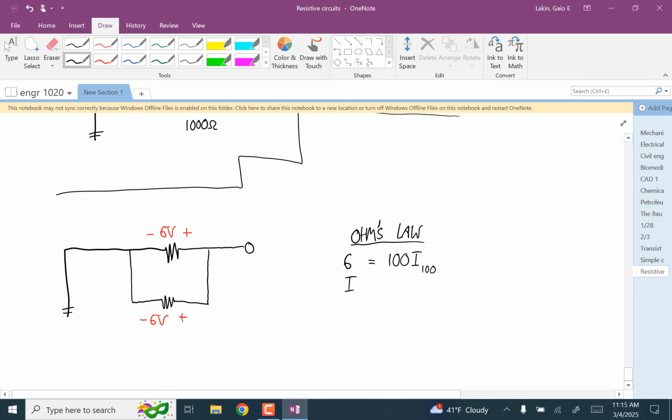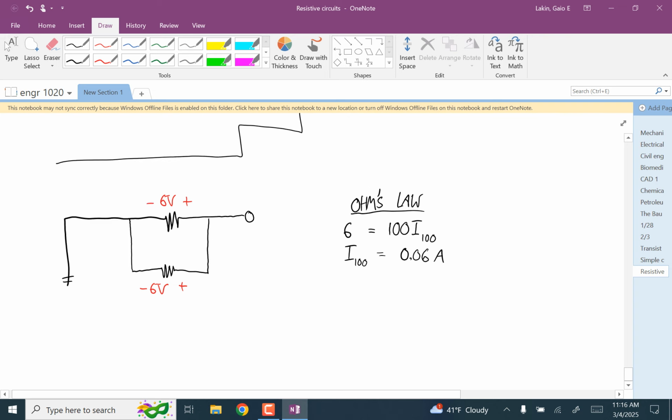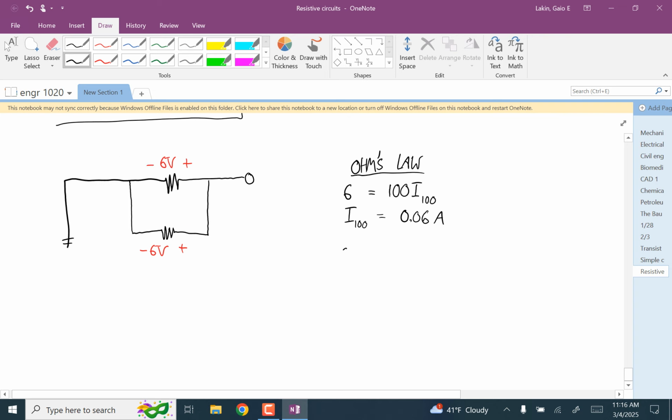And so the current is 6 divided by 100, so 0.06 amps. And then for the 1000 ohm resistor, the voltage is 6. 6 is equal to the resistance, 1000, times the current through that one.